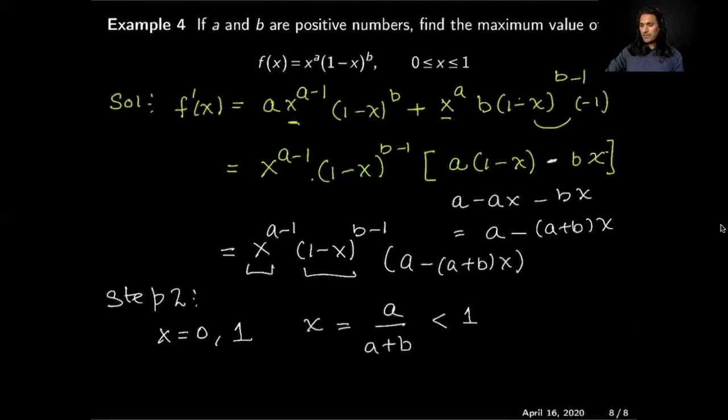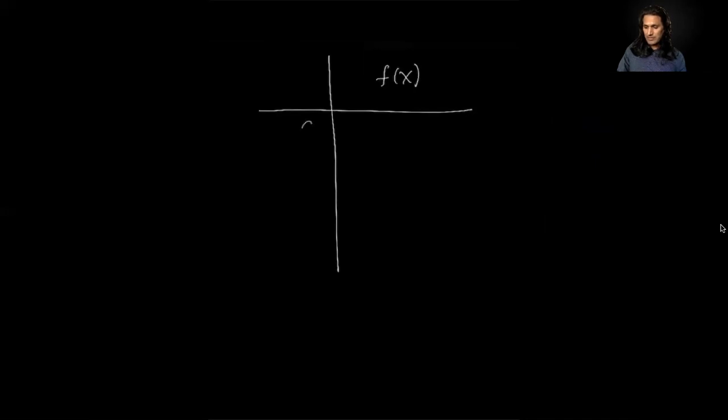Now what we're going to do is plot the table and then calculate the critical value of this function. So here let's plot the table. This is my f of x, and my interval is from 0 to 1. I have critical values 0 and 1, and the critical value a over a plus b is inside of 0 to 1.